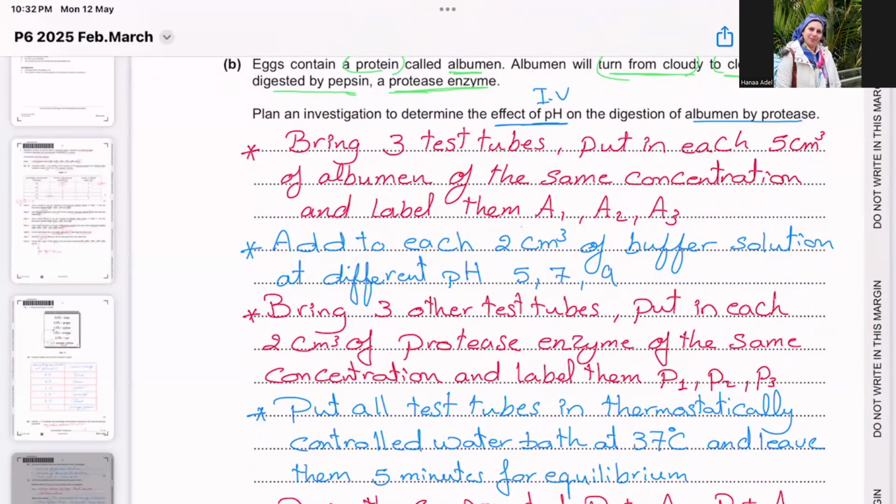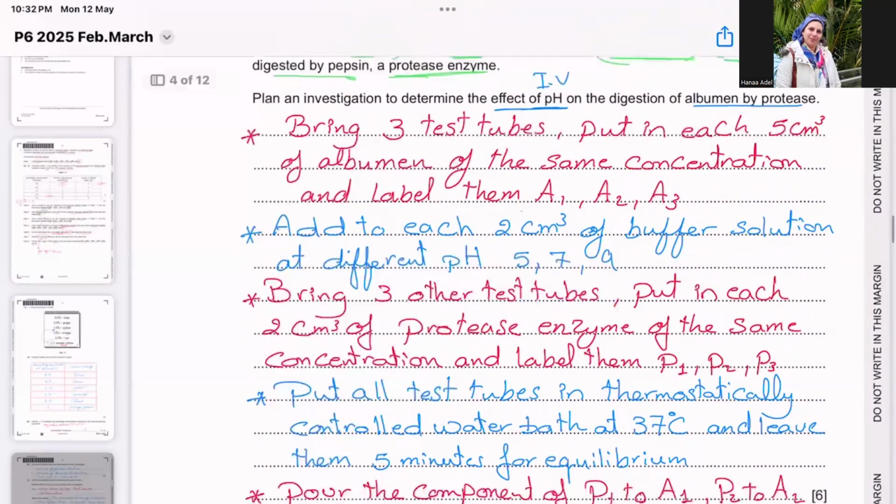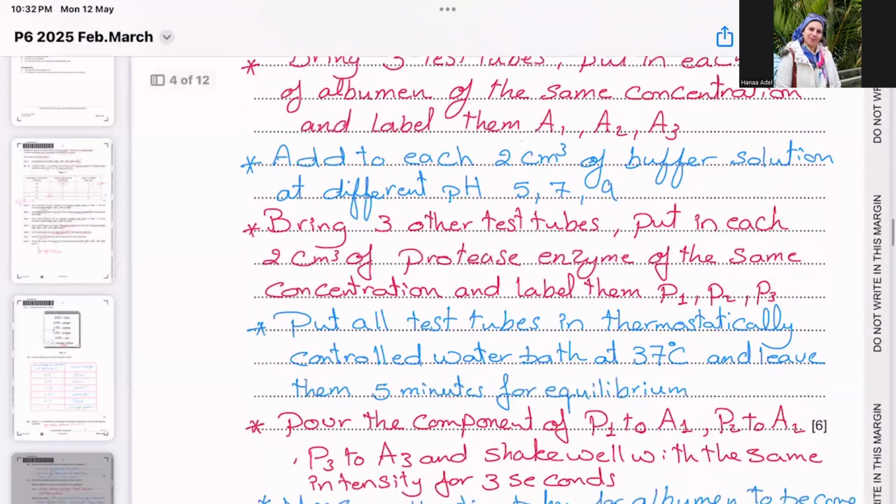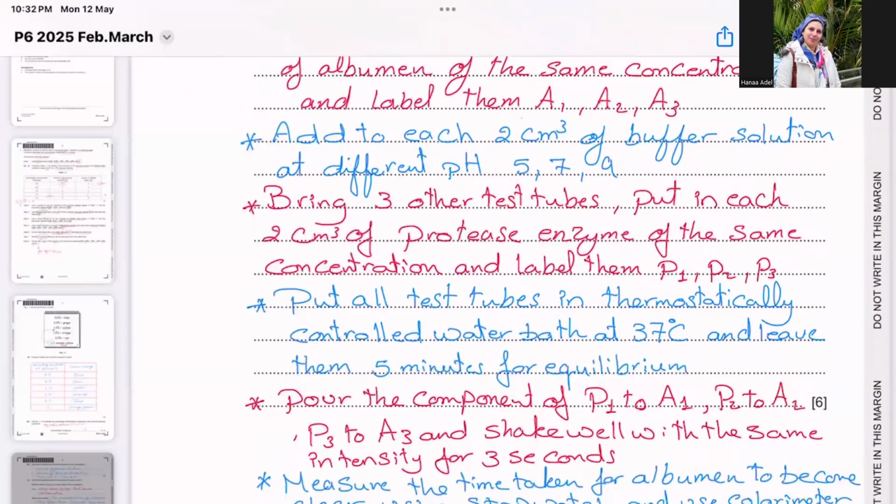And now we start the experiment by pouring the contents of P1, which is protease in test tube 1, into A1, which includes the albumin at a certain pH, and P2 into A2 and P3 into A3, and mix well with the same intensity for 3 seconds.